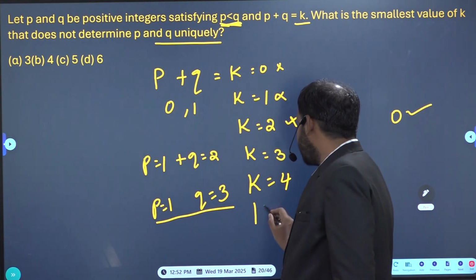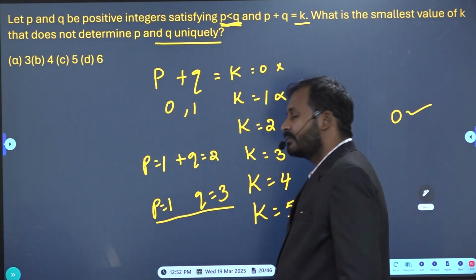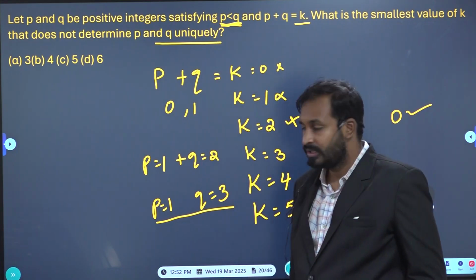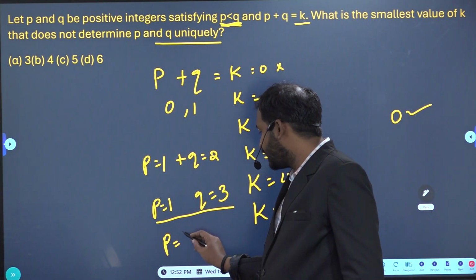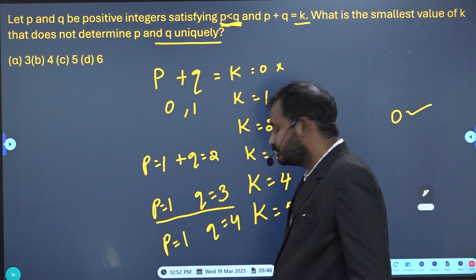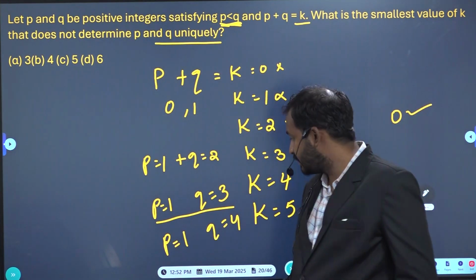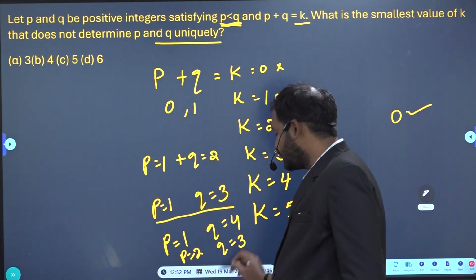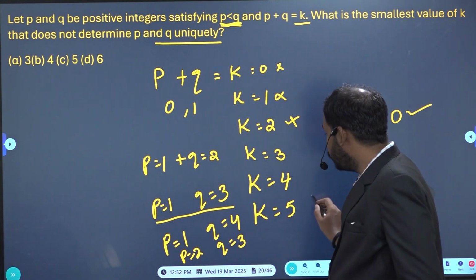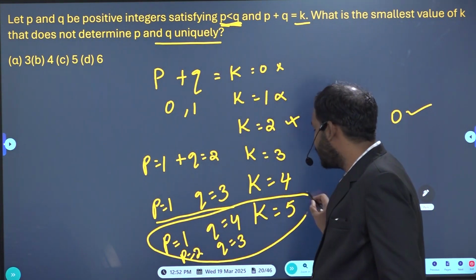For example, if I take K value as 5, now please observe here. P I can take 1, Q I can take 4. Yes, possibility is there. P I can take 2 and Q I can take 3. Yes, there is a possibility. So here, do I have a unique solution for P and Q?